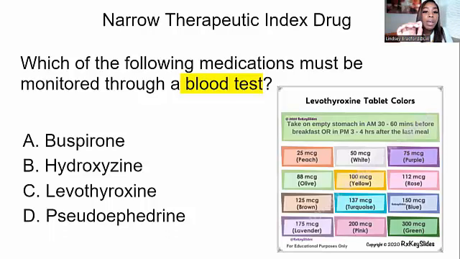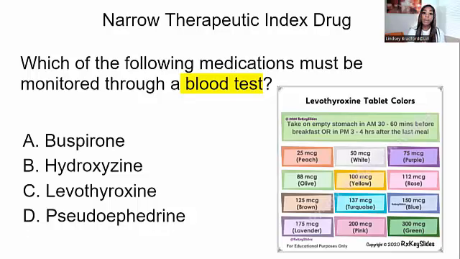If something is monitored through a blood test, that means this person has to go into the doctor, sit there with their stress ball, and they're going to draw the blood. And they're monitoring that person's blood to see how the body is reacting to the medication.